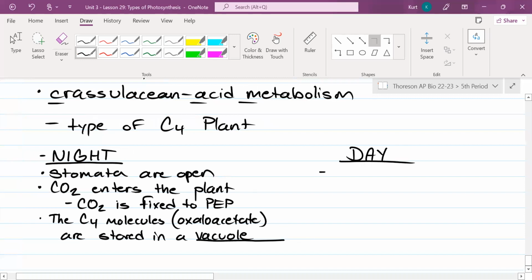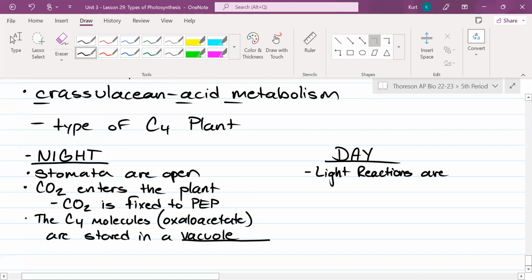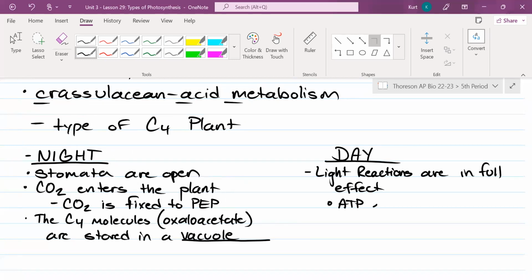At daytime, light reactions are in full effect. ATP and NADPH are produced.